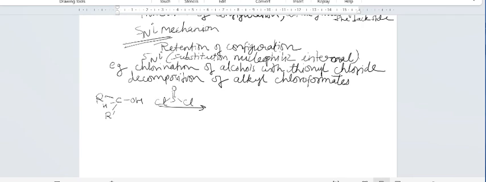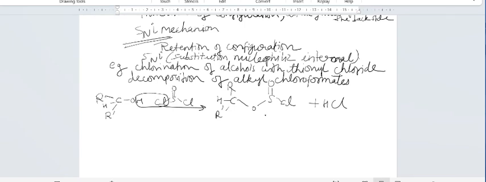So there is removal of HCl from here, and what is formed is C R H R dash O S O Cl, plus HCl.